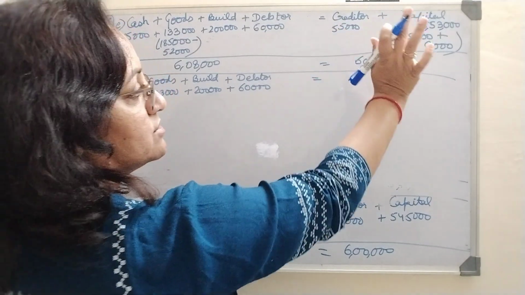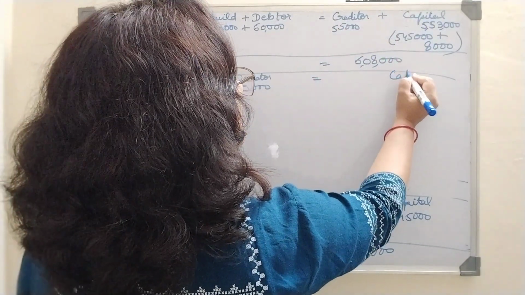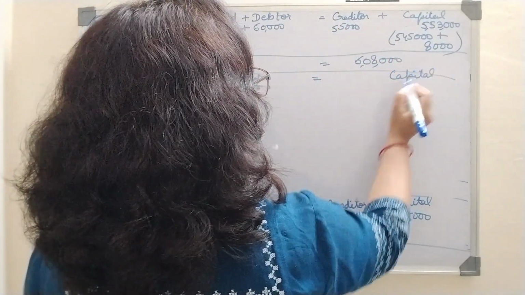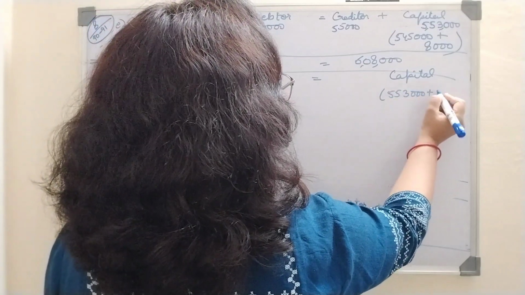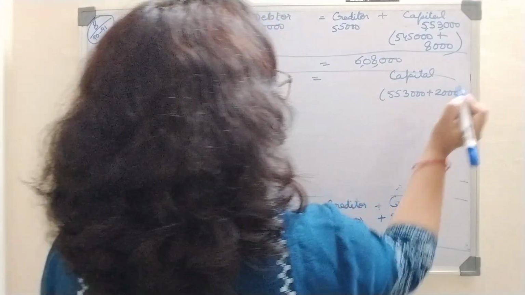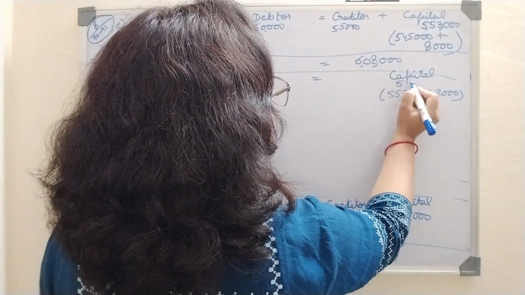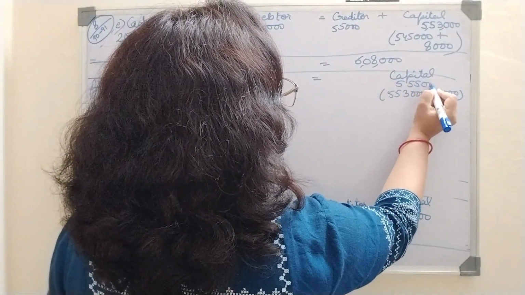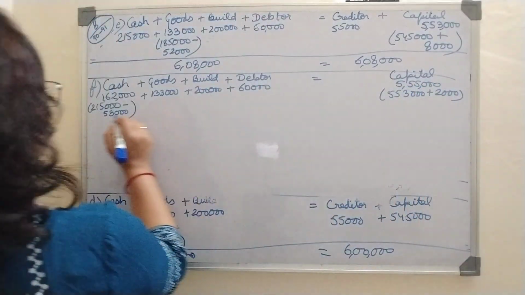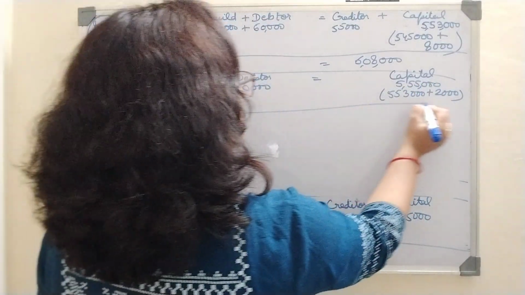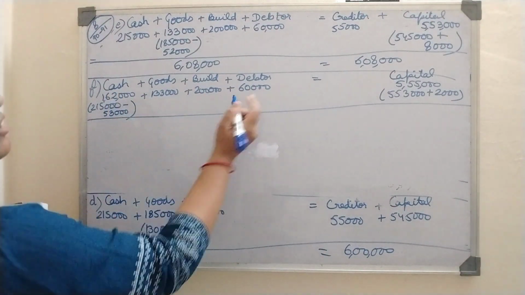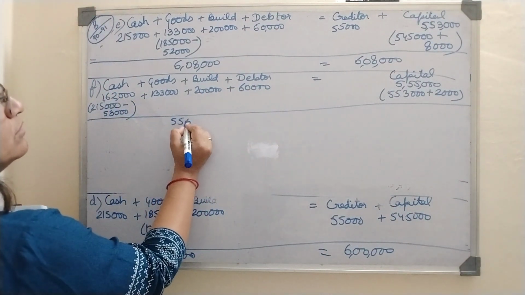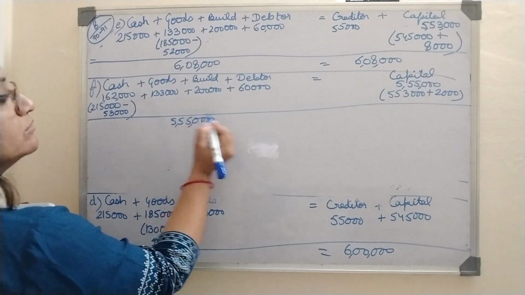Now this is finished, right? Now capital 5,53,000 plus 2,000, right? So it comes to 5,55,000. So let us see the total of LHS and RHS. When you total all these figures, it comes to 5,55,000.